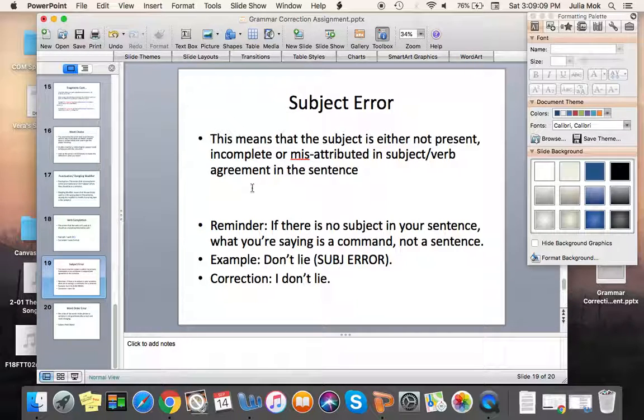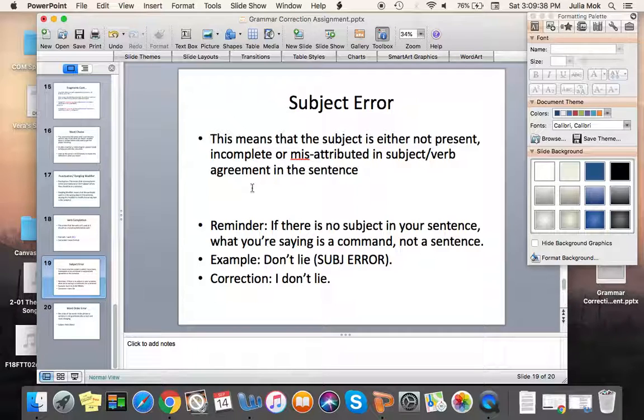Another error that's pretty common is a subject error, which means that the subject is either not present, it's incomplete, or it's misattributed in the subject-verb agreement in the sentence. If there's no subject in your sentence, what you're saying is a command, not what we would think of as a sentence.